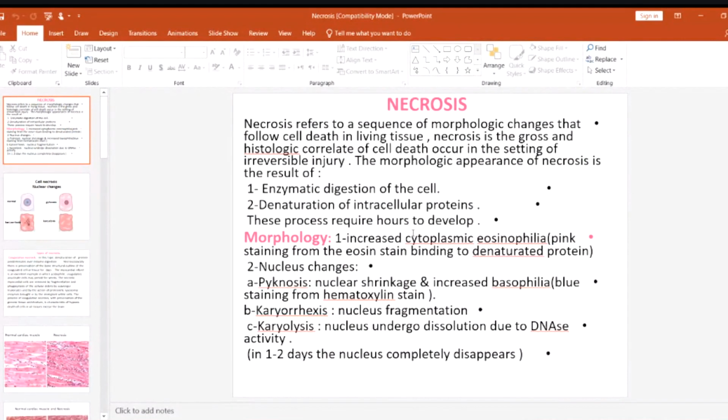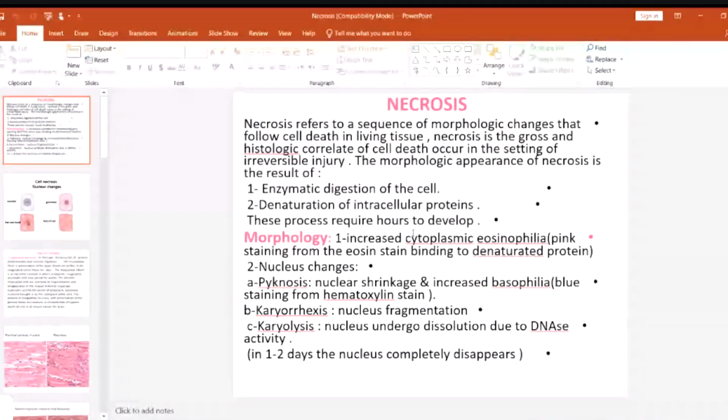Okay, now what is the most common cause of cell injury? Probably hypoxia. Exactly.